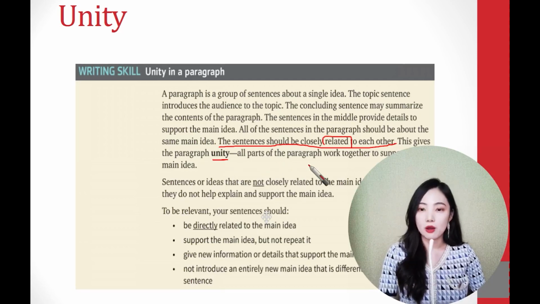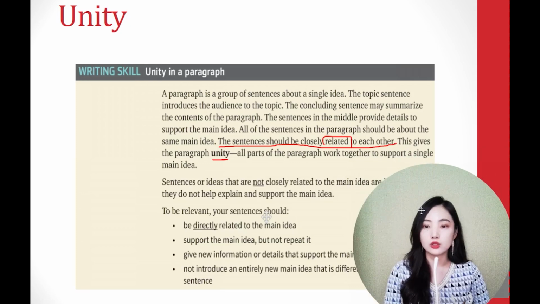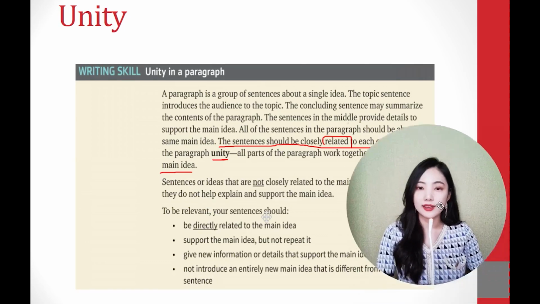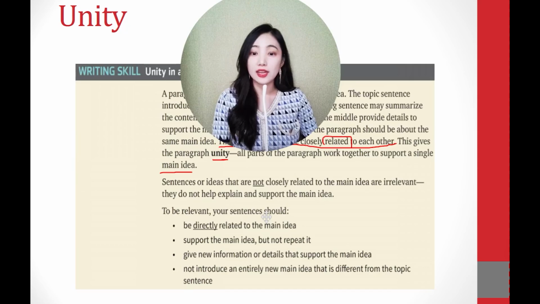So all parts of the paragraph work together to support a single main idea. So here, the single main idea is the thesis statement. You keep hearing this word, thesis statement, a lot of times, okay? So you should never forget this word. Okay, so sentences or ideas that are not closely related to the main idea are irrelevant, and they do not help explain and support the main idea.